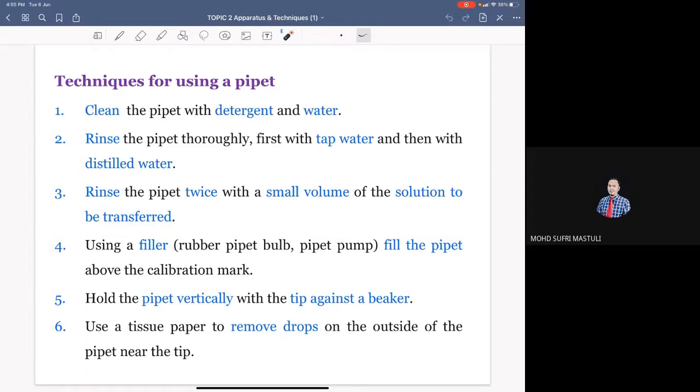Then, using the filler, normally a rubber pipette bulb or a pipette pump, we fill the pipette above the calibration mark. We hold the pipette vertically, with the tip against the beaker. We use tissue paper to remove drops outside of the pipette near the tip.